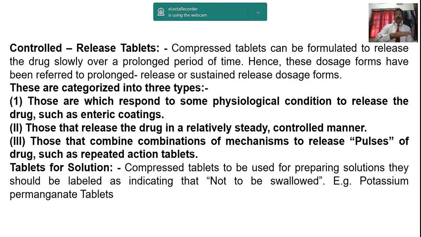And the third is a combination of mechanism of release with pulses of drug, such as repeated action drugs. As I told, an example by prodrug or combination with proteins, it can release the drug in one time, and pulsative release can also be prepared in tablet manufacturing.